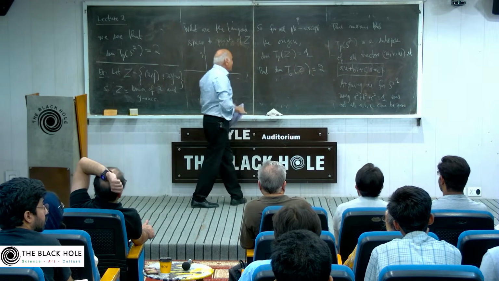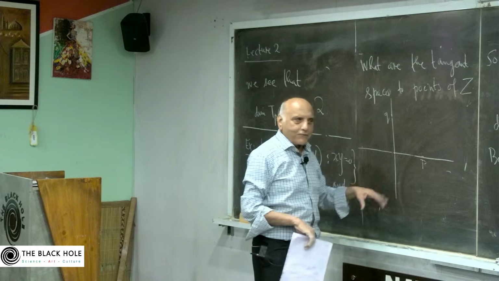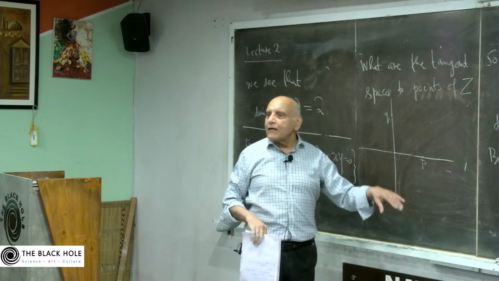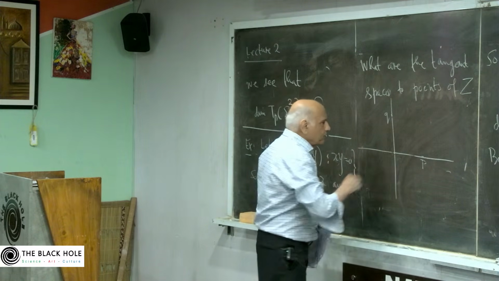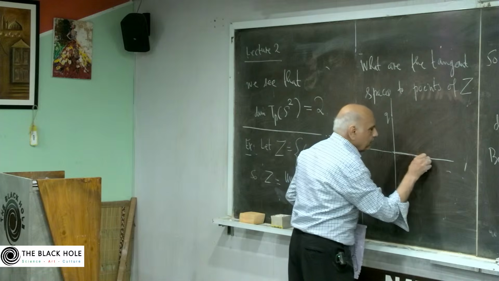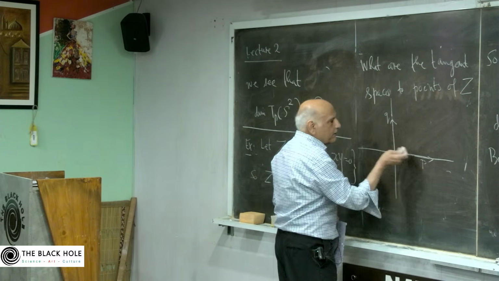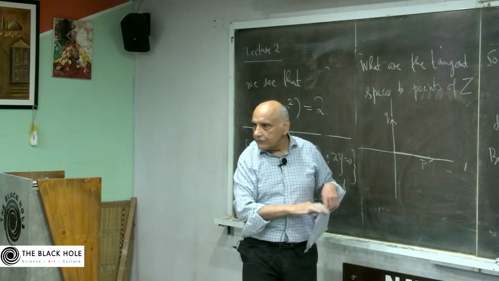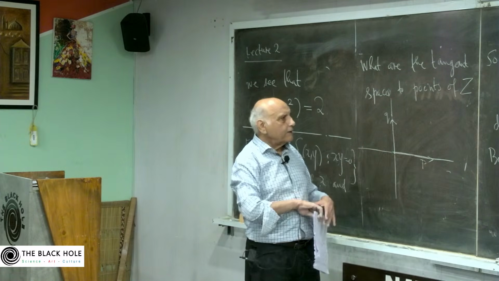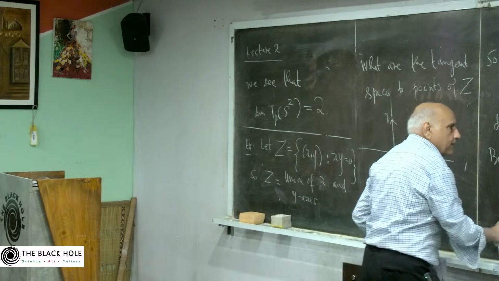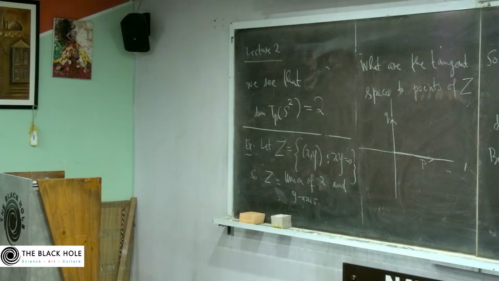It does not mean that at 0 it's some two-dimensional surface. No, by my definition, you look at all the tangent vectors and you look at the linear span of these. So the linear span of these is of course all of R2. Okay. Now let's take a more interesting example.